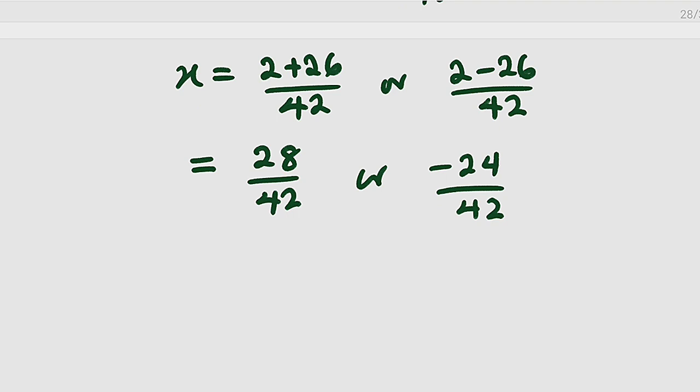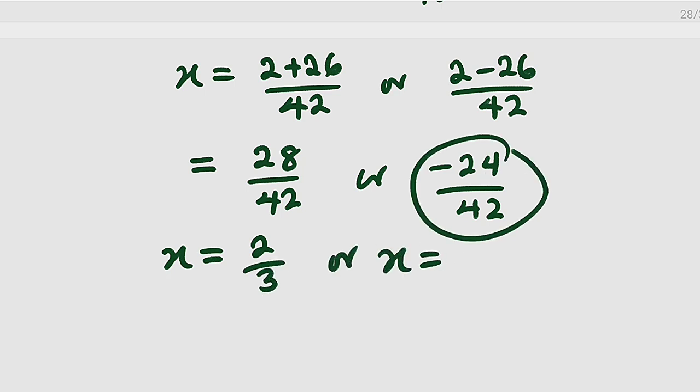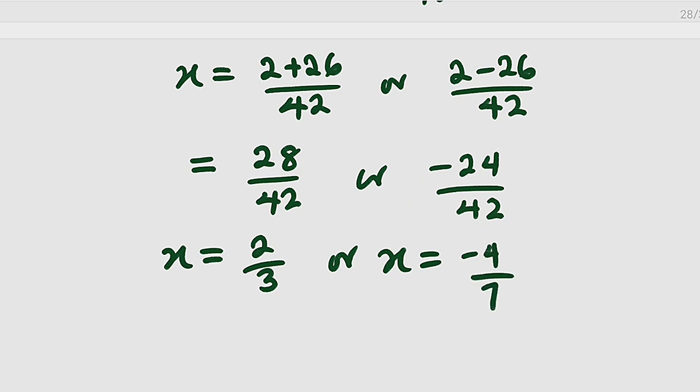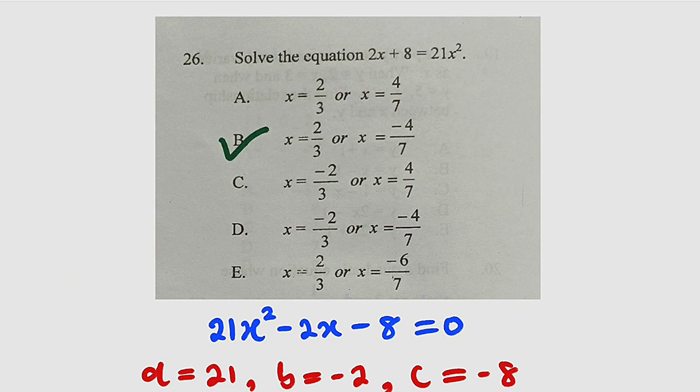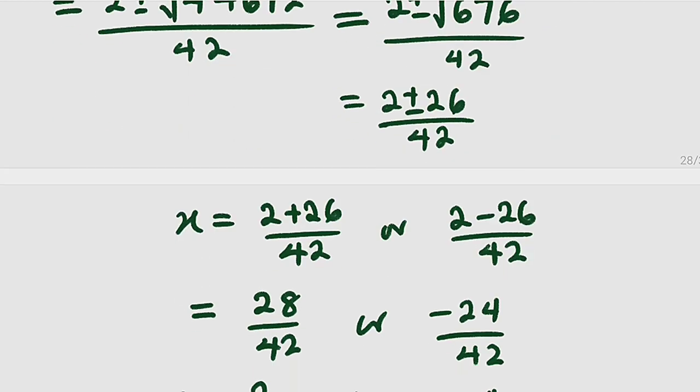And to their lowest terms, x is either equal to 2 over 3, or x equal to -4 over 7. And hence this is the solution. X could be 2 over 3 or -4 over 7. Let's check out, which is option B. Now let us move on to question number 27.